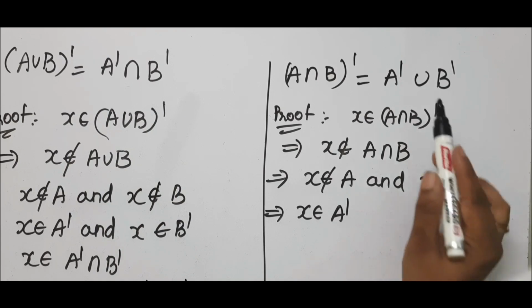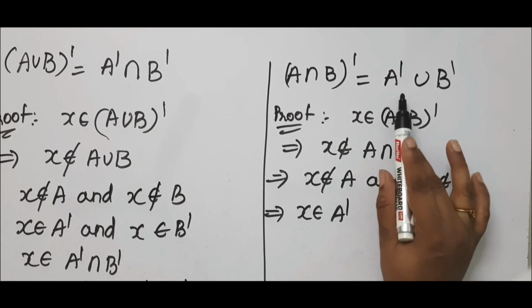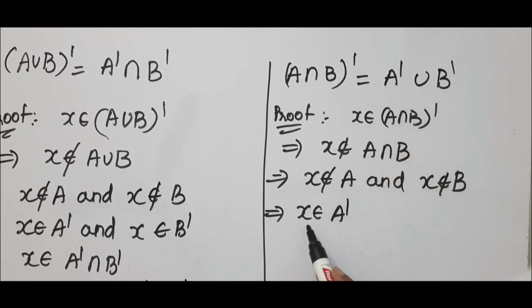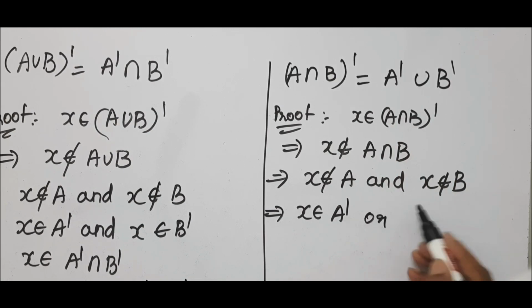As we have to show that this belongs to A complement union B complement, we write in the next step X belongs to A complement, or, as and indicates intersection, we have to show A complement union B complement. So and changes to or X belongs to B complement. Okay, is it clear?